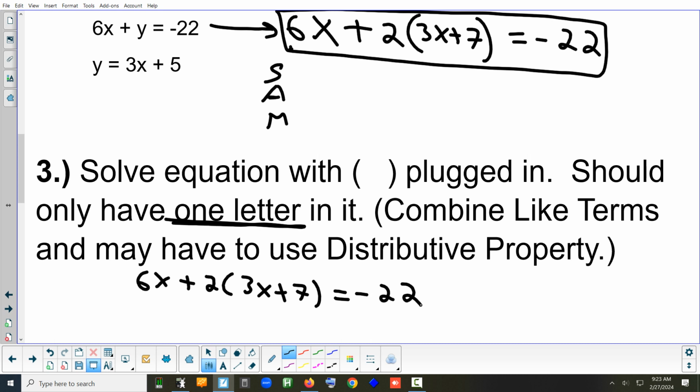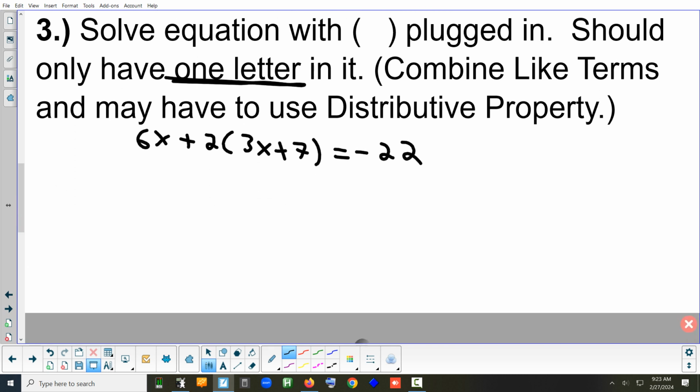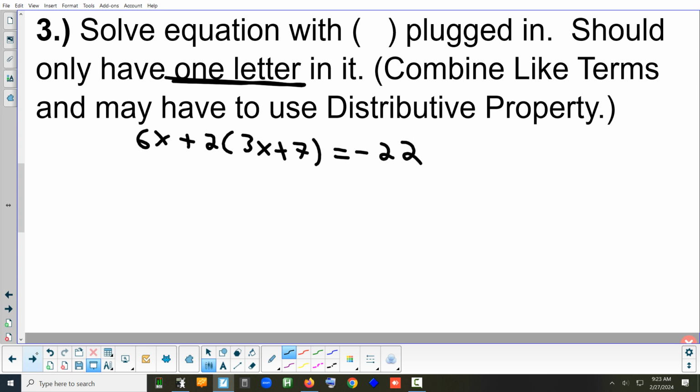Okay, so let's go through our steps with SAM and see if we have any of them. So first step under simplify is distributive property. Is there any distributive property in this problem? Yes. What number are we distributing? 2. Yep. Almost all of these problems have distributive property, pretty much.